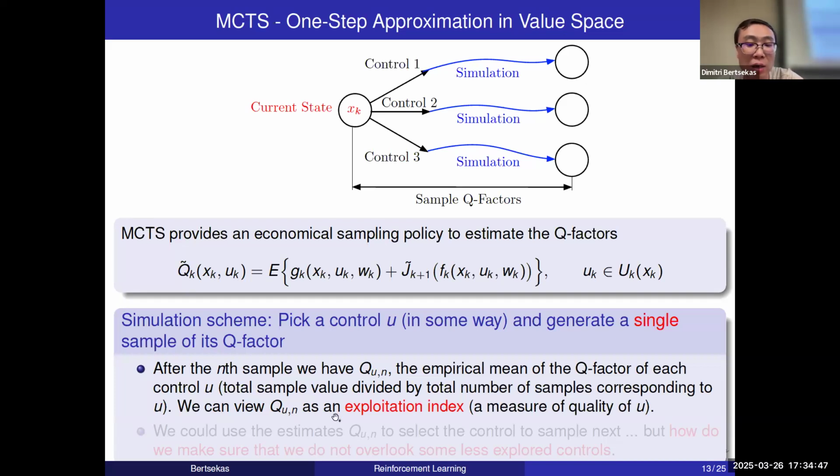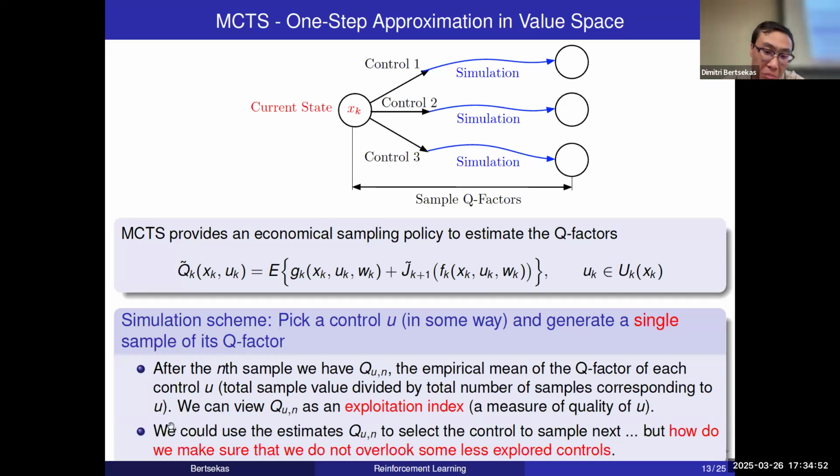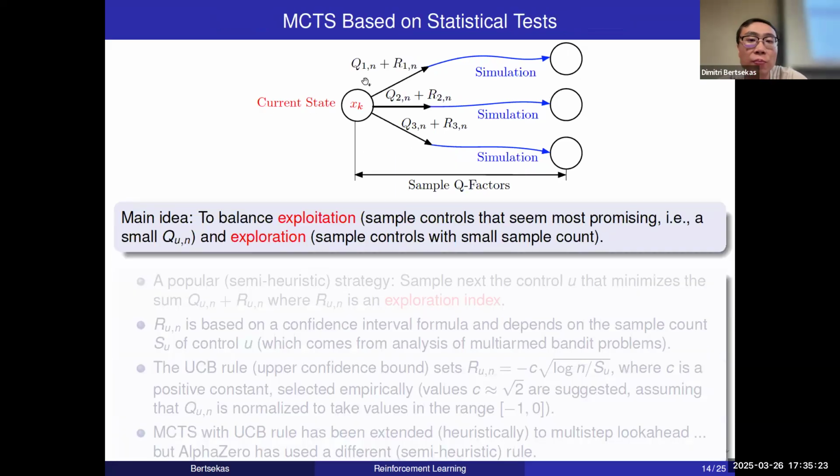So we use it as an exploitation index, a measure of quality of U. We could use the estimate to select the control to sample next, but the question is, in the previous sampling procedure, we may overlook some control which in fact is better than the ones we have evaluated now. So we want to make sure that we do not overlook some less explored controls. How can we do that?